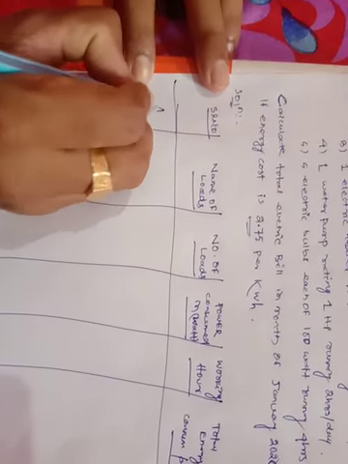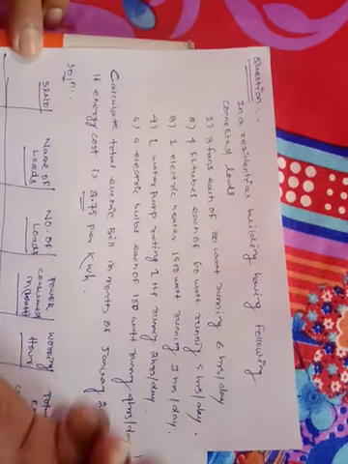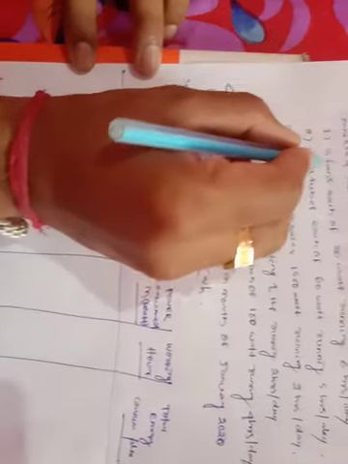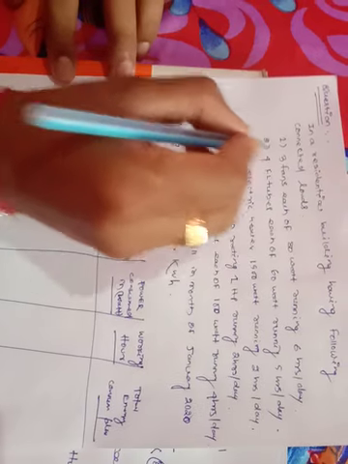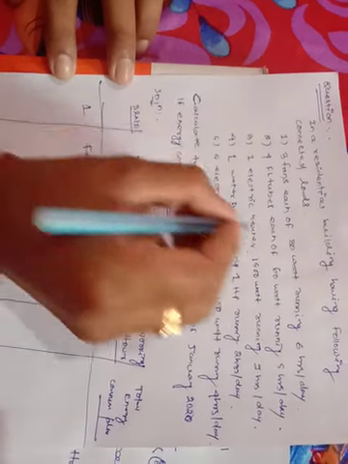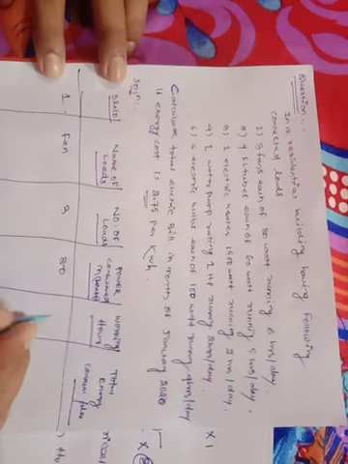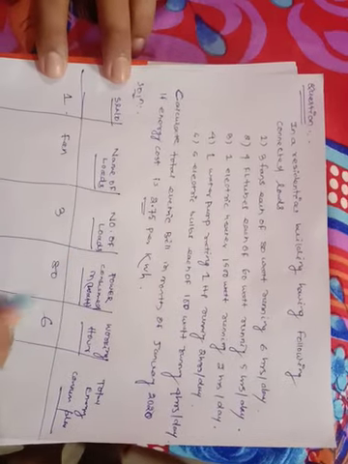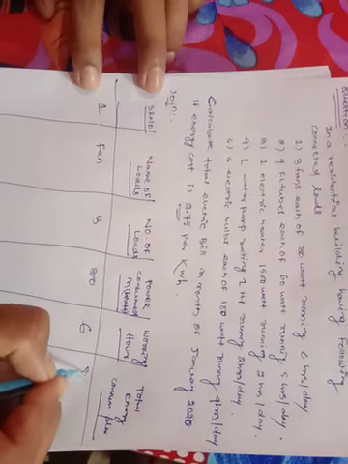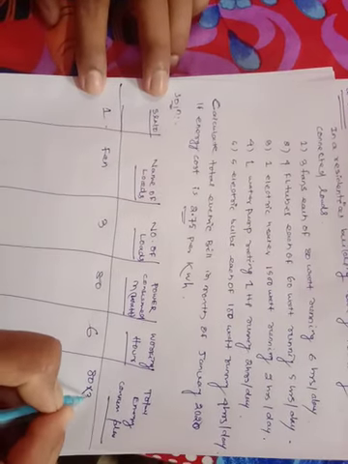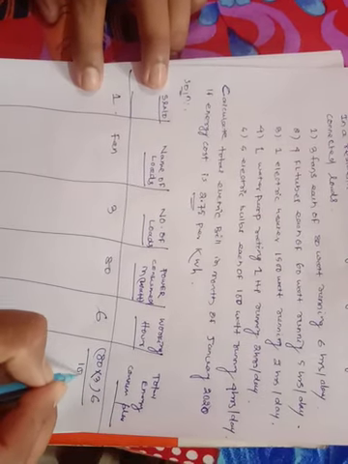Serial number 1 is 3 fans each of 80 watt running 6 hours per day. Name of the load is fan, number of loads 3, power consumed 80 watt, working hour 6 hours. As per the formula I told you before, watt into hour divided by 1000: here watt is 80 into 3 numbers into hour 6, divided by 1000.